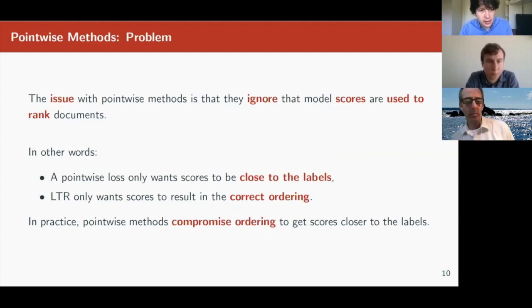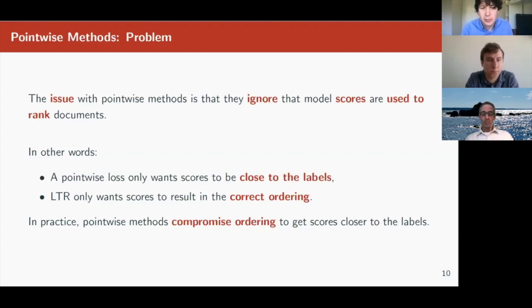To put that in a different language, a pointwise loss, regression loss or classification loss, only wants these scores to be close to the labels, right? If something has a label of 1, it wants the score to be close to 1. But for ranking, we don't really care about the exact value of the scores, we care about the ordering. If you see a ranking, you don't know what scores produce that ranking, you just see the ordering in which it's displayed to you. So it's the only thing that matters.